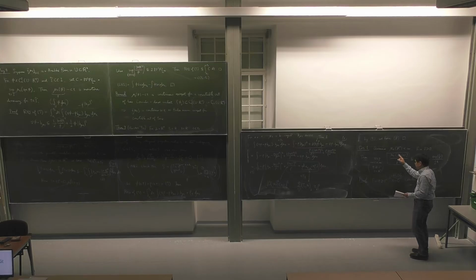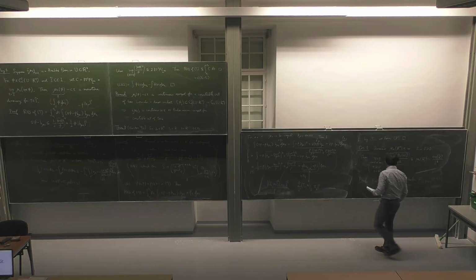We want to prove this at the origin. Consider rho of 0, t plus r squared, of x, t. So what I mean is y0 is 0, and t0 is this number.